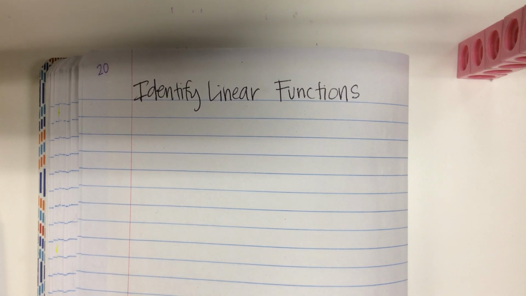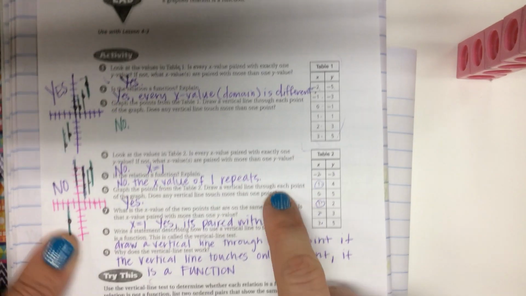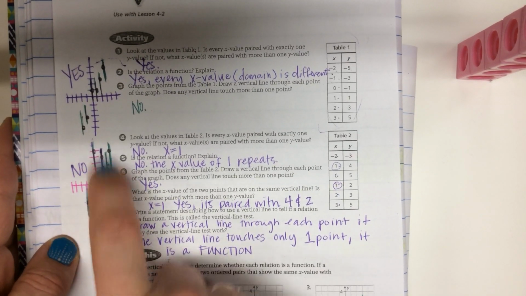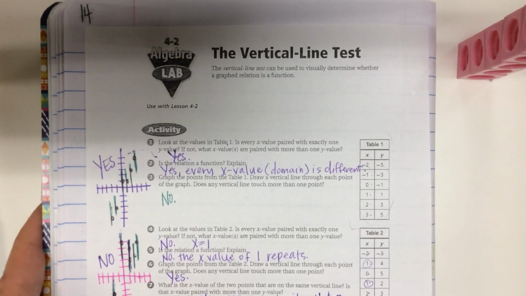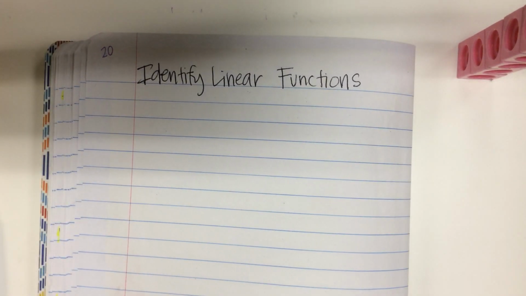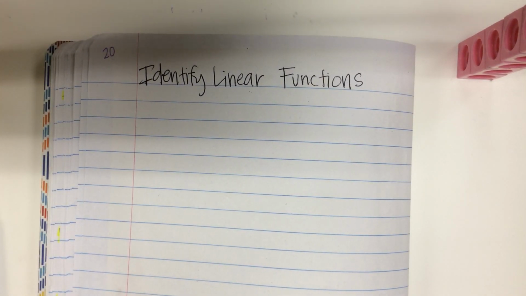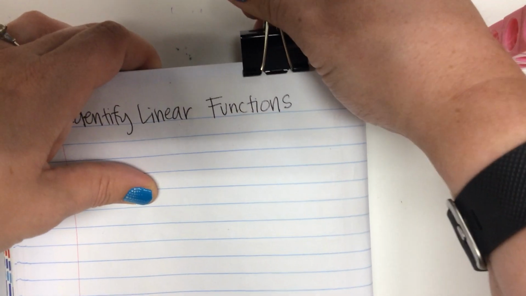We've talked about how functions have all different domains. The x values are all different.